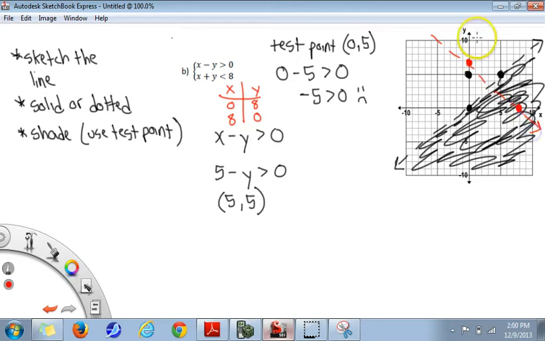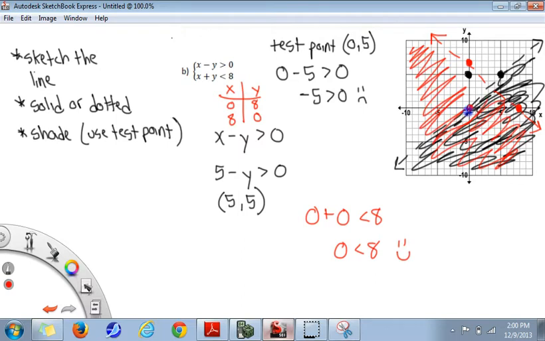And this line does not go through 0, 0, so I can use that as my test point. And that would read 0 plus 0 is less than 8, which is true. So I will shade the side of that line that contains my test point.